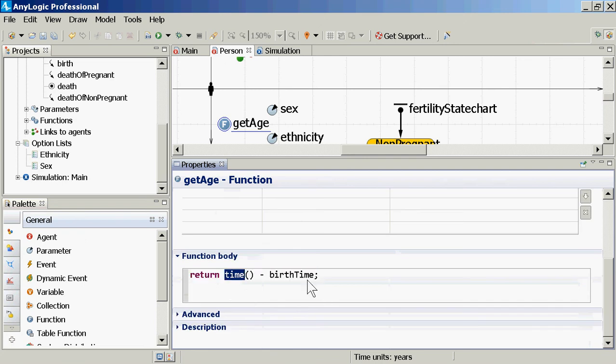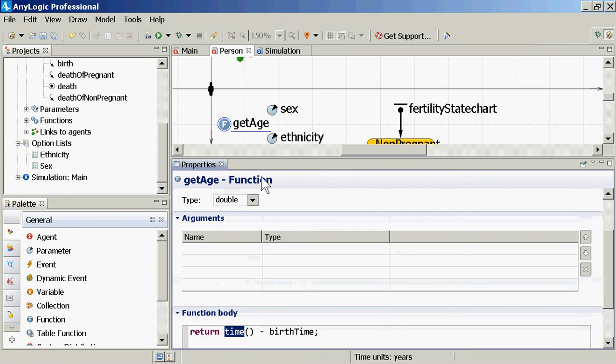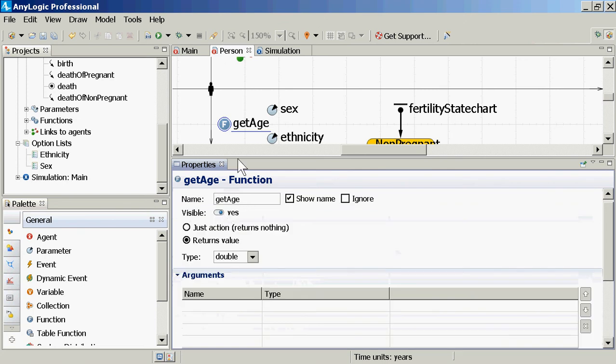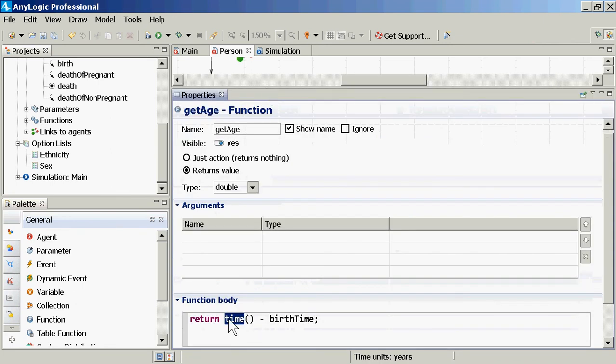If they were born at time 3 and it's now time 4, they're 1 year old. If they were born at time 2 and it's now time 4, they're 2 years old. If they were born at time 0 and it's time 4 now, they're 4 years old. Okay? This is get age. It just returns the current time minus their birth time. Does that make sense?